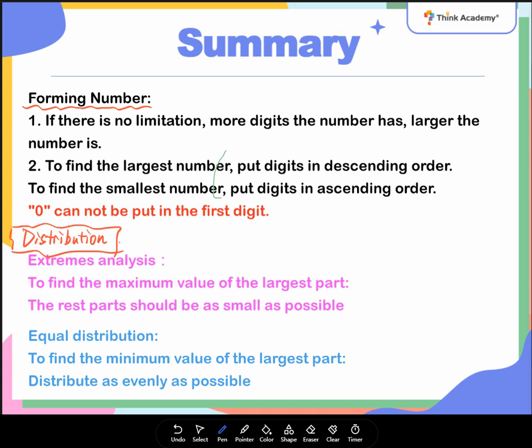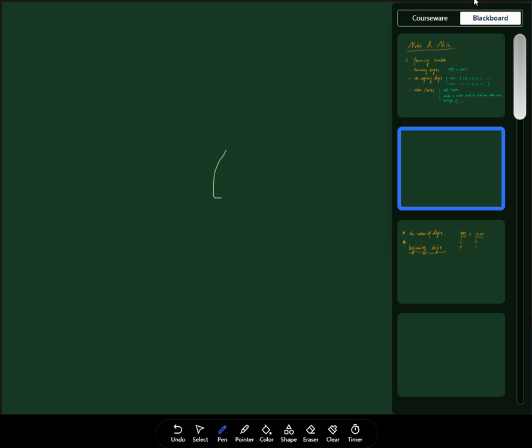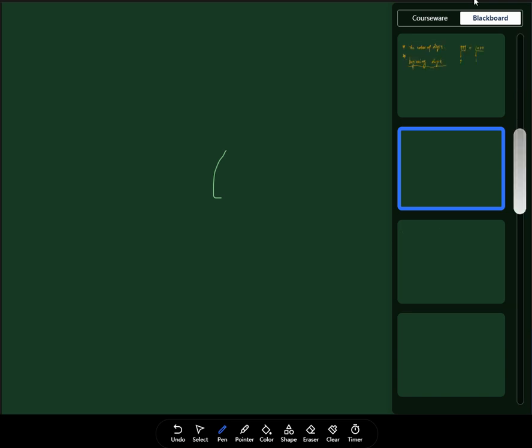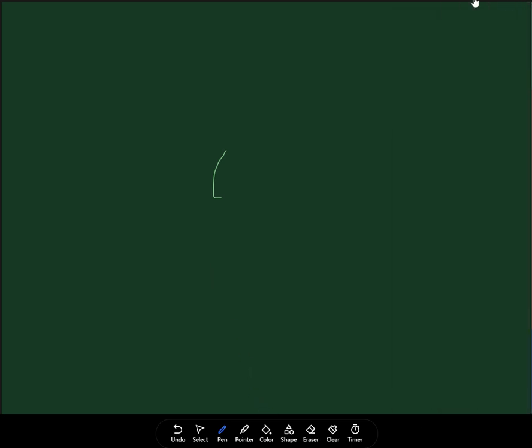In this kind of distribution, we have 4 different ideas. Let's take a look. We are clear about maximum and minimum.